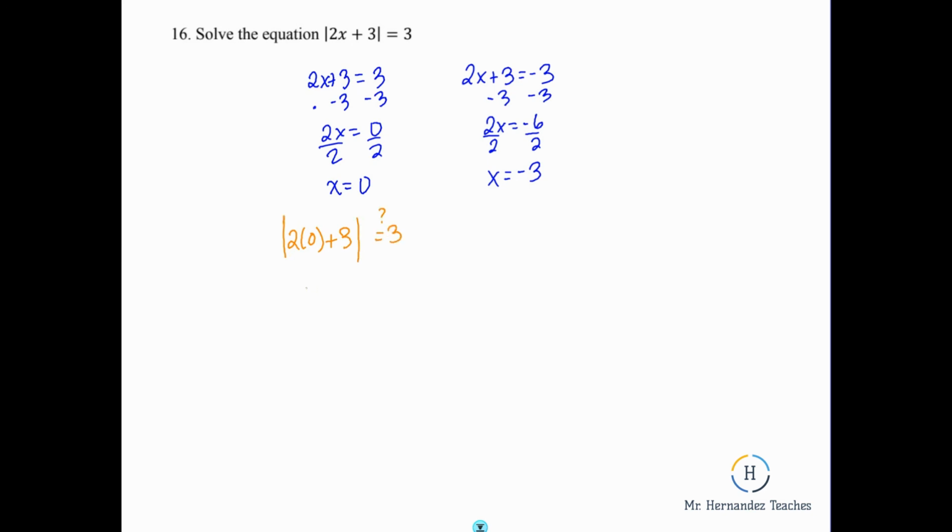Well, I get the absolute value of 3, which is 3 equal to 3. That works. And then 2 times negative 3 plus 3, close the absolute value, does that equal 3? So I get negative 6 plus 3, which is negative 3. Close the absolute value, does that equal 3? Yes, it does, because 3 equals 3.